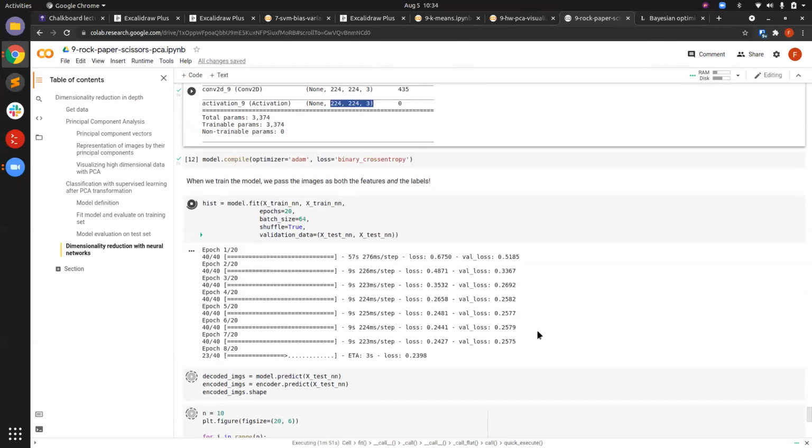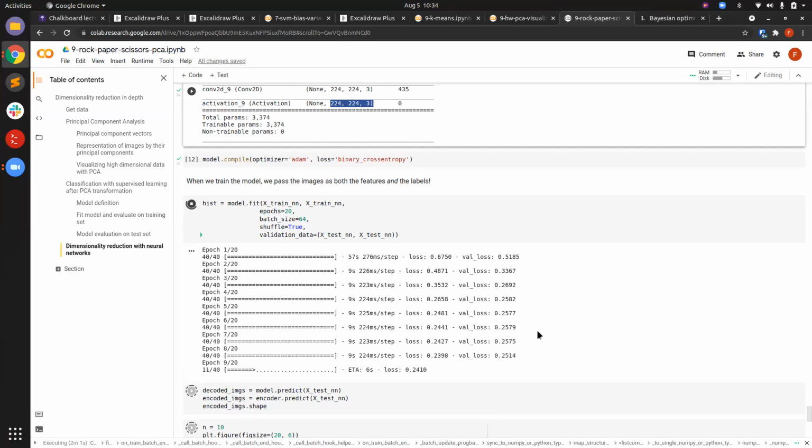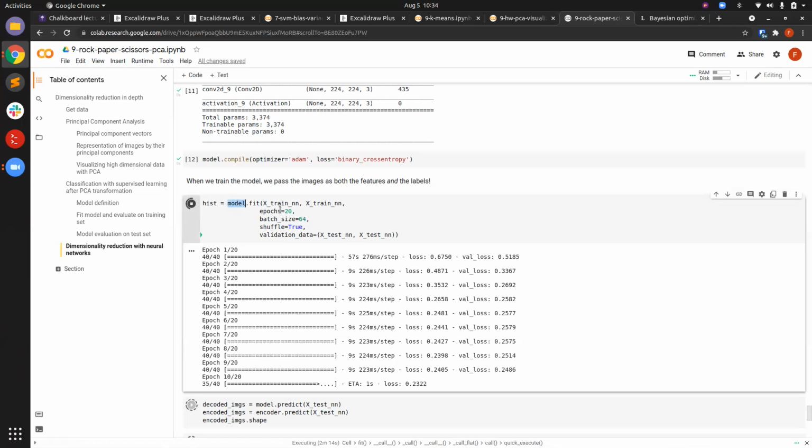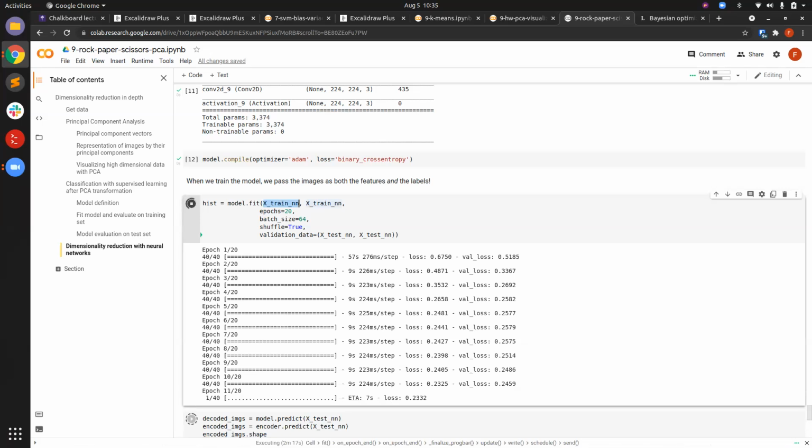Okay, so I'm in the middle of training this model now. Let's see what it produces. It's going to take maybe another minute. Notice that when I train the model, so normally when we call model fit on a neural network, we pass the feature data and then we pass the labels.